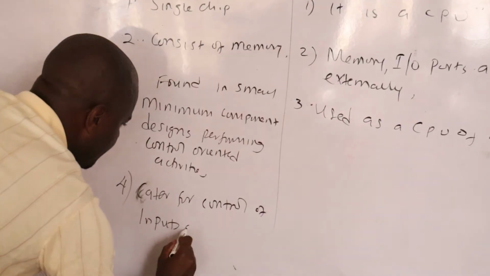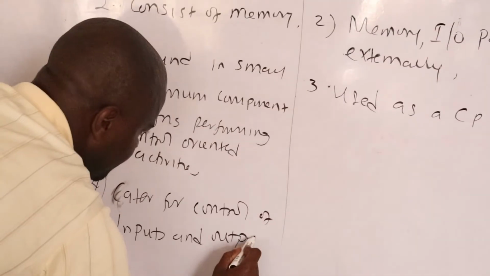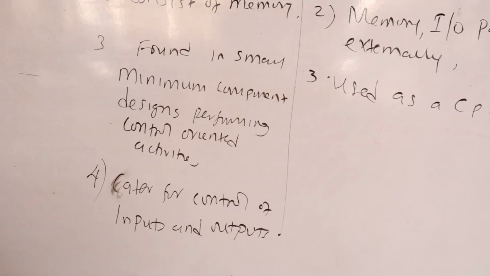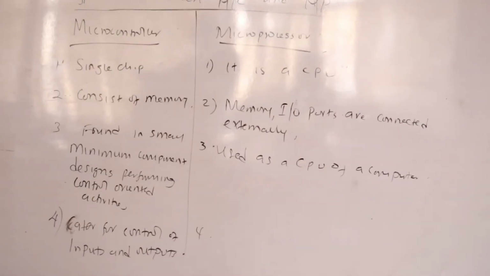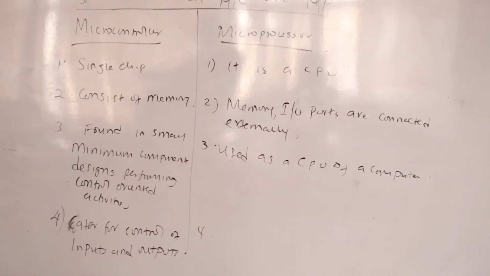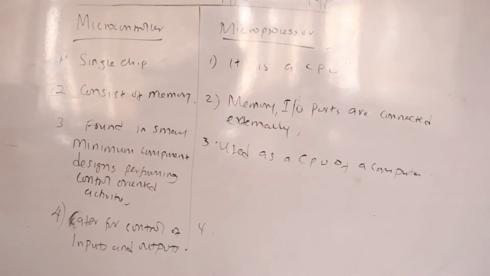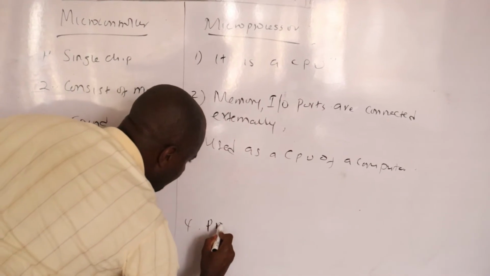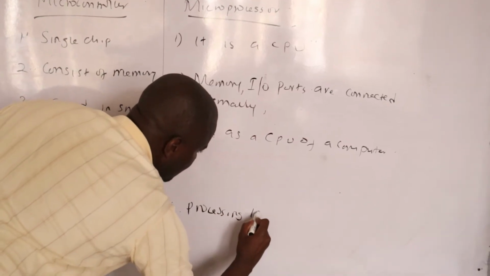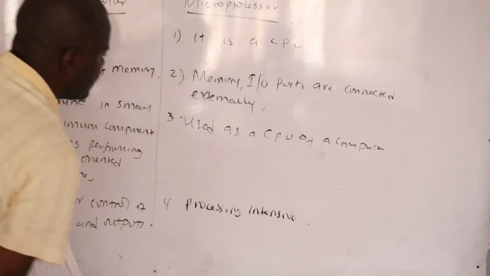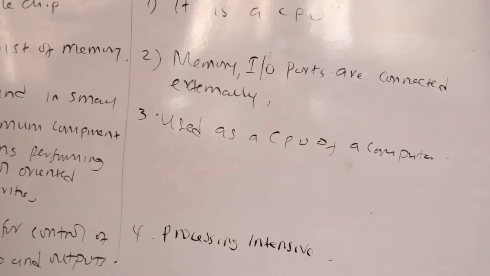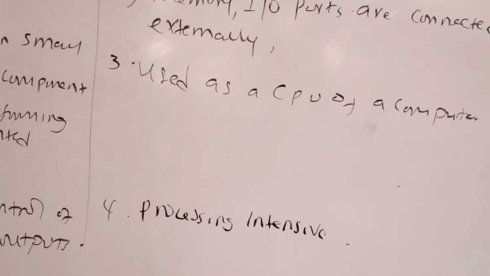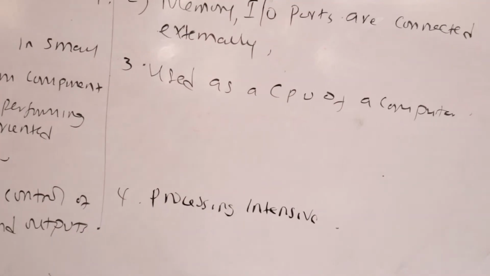When you come to the instruction set of the microprocessor, it is processing intensive. So those are the major differences between the microcontroller and the microprocessor.